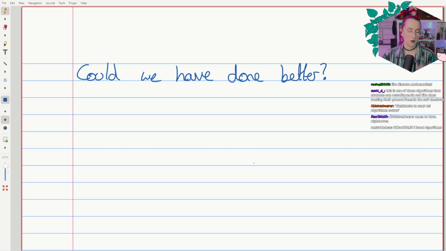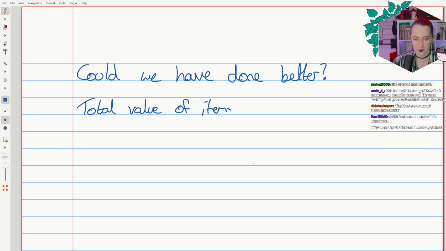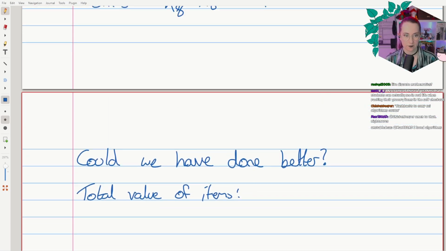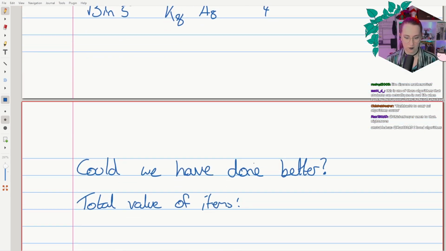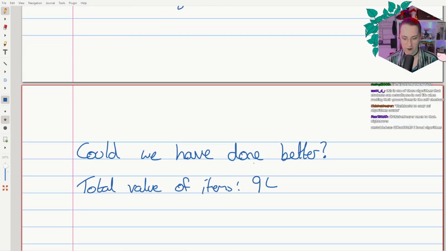So the way that we work out our lower bound is the total value of the items, right? If we add up A8, B7, whatever, I can do it quickly here. So I have 20, 40, 60, 60 at 9, at 9, at 8, at 8 is 94. Right?